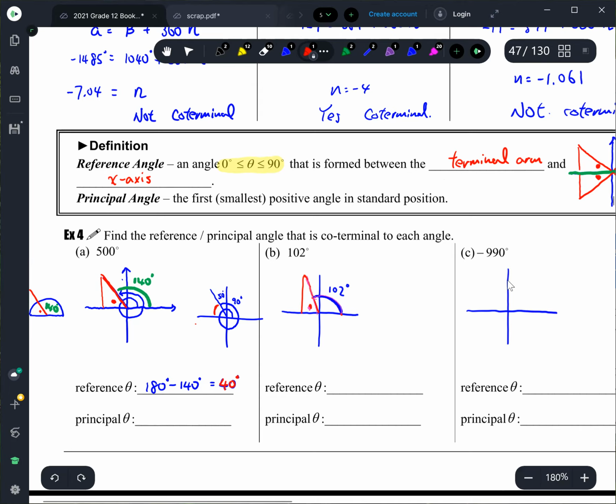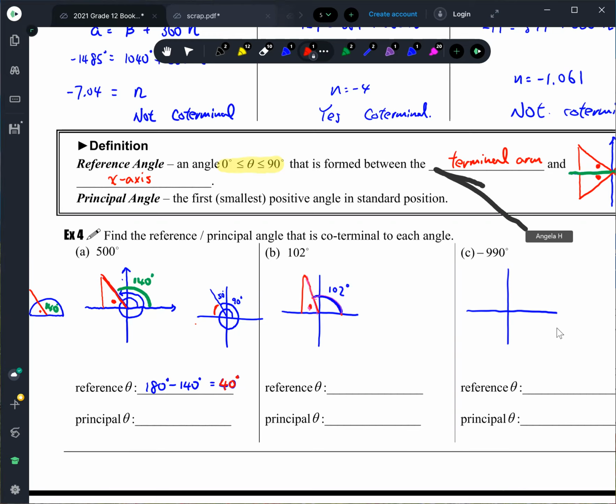Okay, and let's check the picture for question C. Okay, Angela, can you draw question C? Wow, okay.